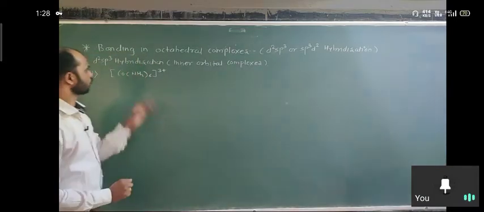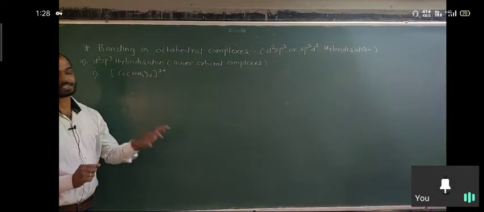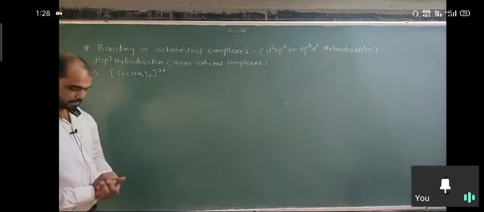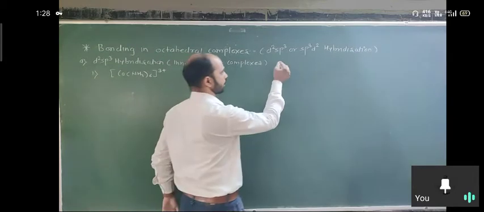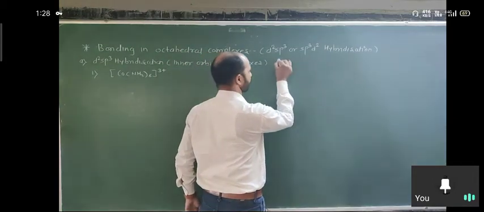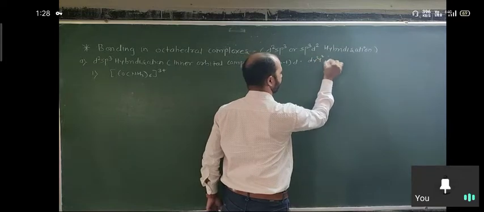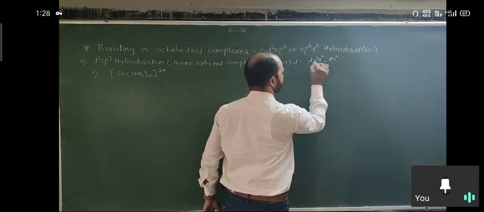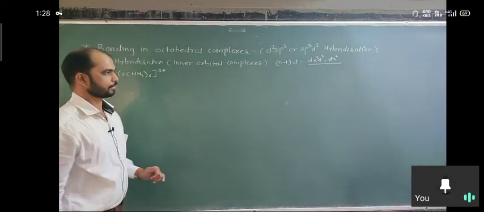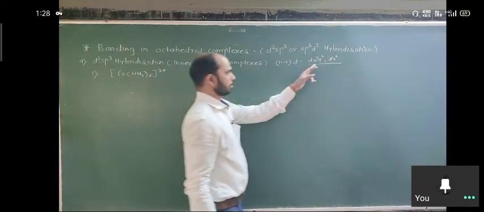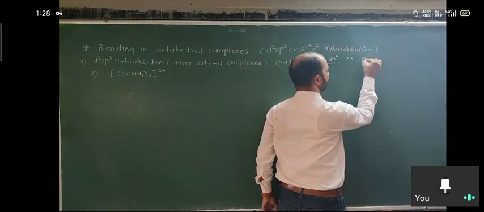So here we are going to discuss first d2sp3 hybridization, inner orbital complexes. Basically this type of complex uses the inner d, that means (n-1)d orbitals, here dx2-y2 and dz2. These two orbitals are used by the central metal ion, and there is one ns and then np.